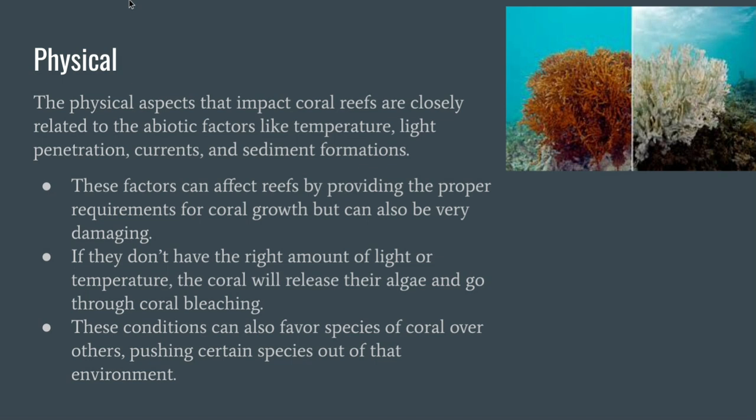If they don't have the right amount of light or temperature, the coral can release their algae through their pores and go through coral bleaching. These conditions can also favor species over other species, pushing certain types out of that environment.